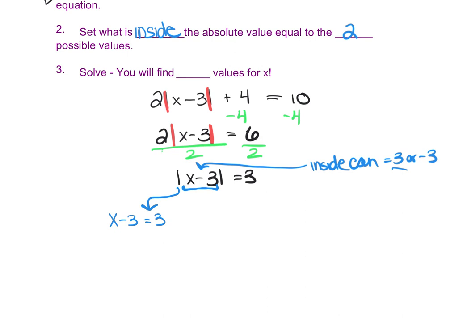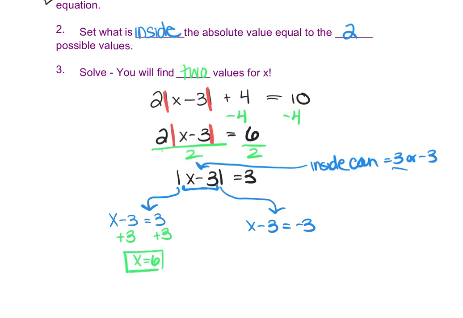And then on the other side, we can break down the second wall by taking x minus 3 and setting it equal to negative 3. So now all we need to do is solve these 2 little mini equations, and we will find 2 values for x.